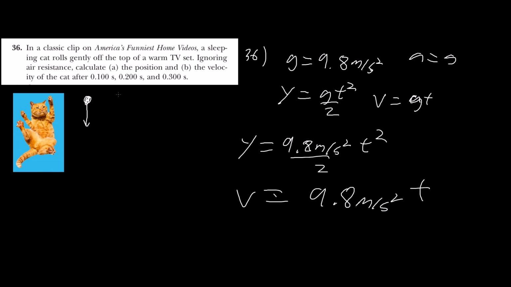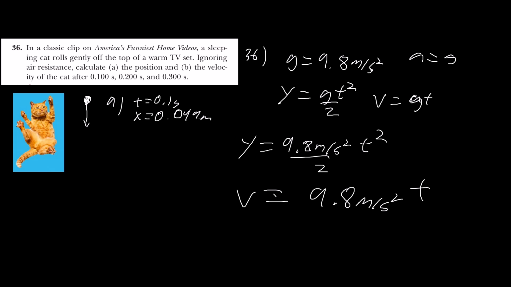So I'm going to put this on my calculator. 0.1 squared. Okay, so the position for part A is at 0.1 second. If t equals 0.1 second, the position is going to be 0.049 meters.